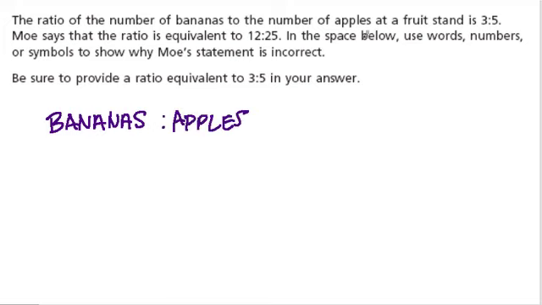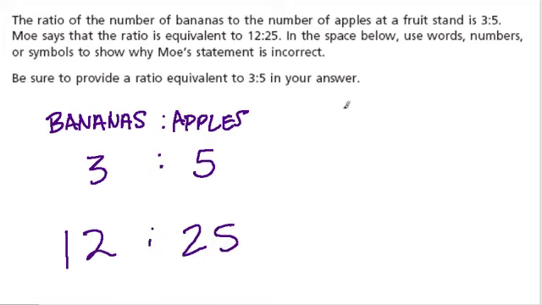The number of bananas to the number of apples at a fruit stand is 3 to 5. So for every 3 bananas, I have 5 apples. Mo says that the ratio is equivalent to 12 to 25. Use the space below in words, numbers, and symbols to show why Mo's statement is incorrect. Oh, so they tell us, yeah, this is not right.